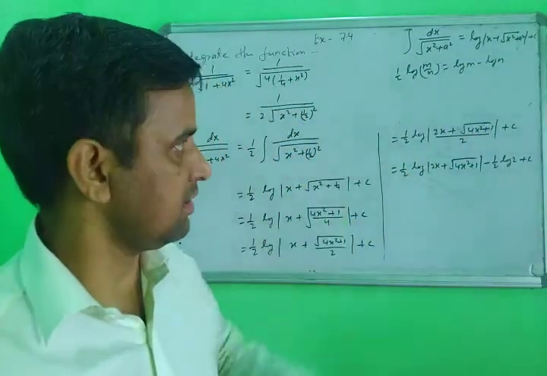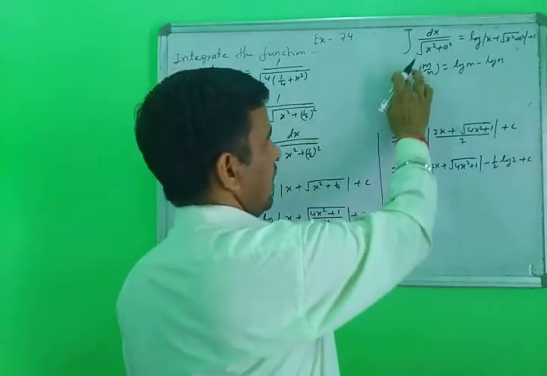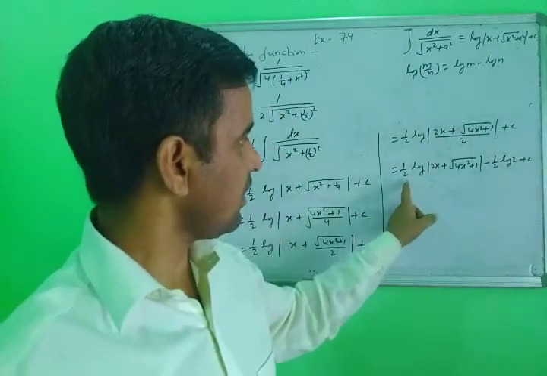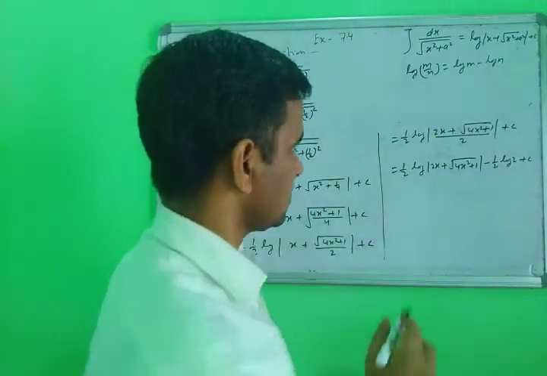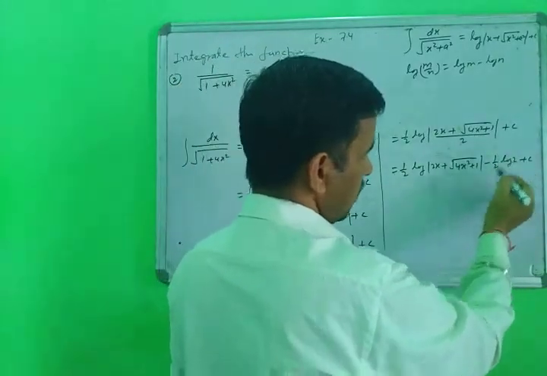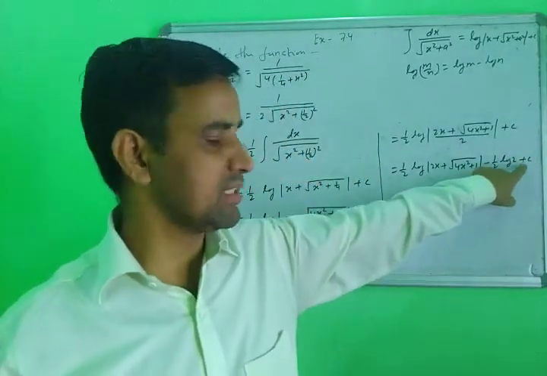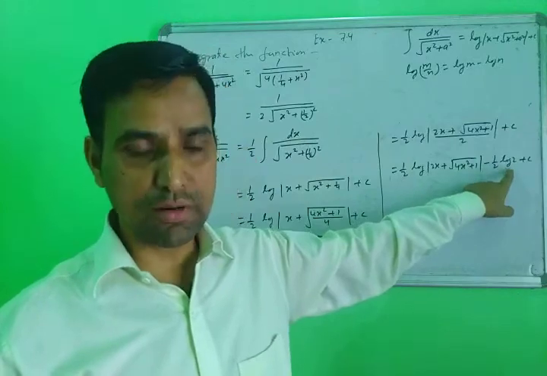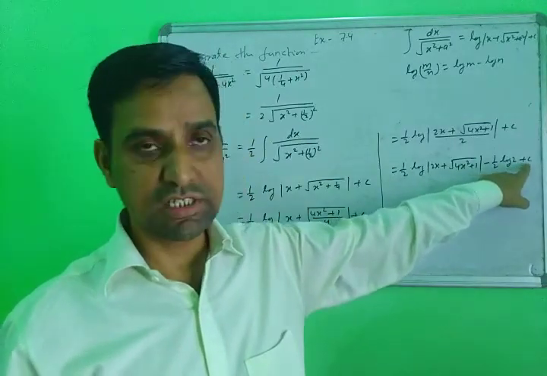I am separating here. Now after that, 1 by 2 log of this is the first portion, and 1 by 2 log 2 plus c is the second. 1 by 2 log 2 is a constant term, and plus c is a constant term.